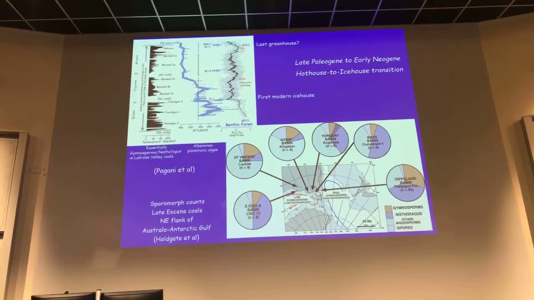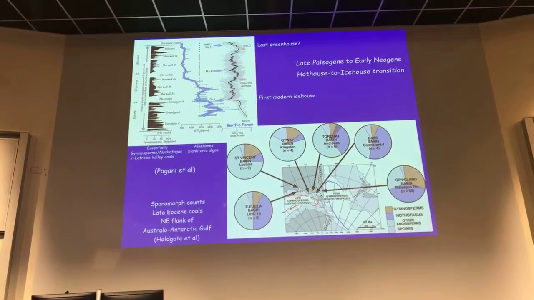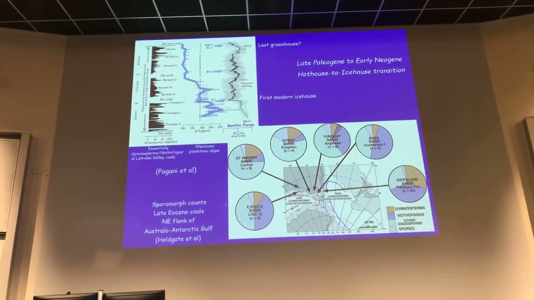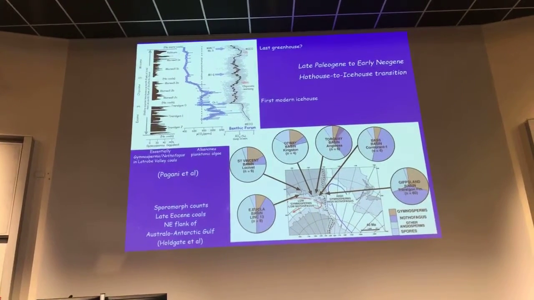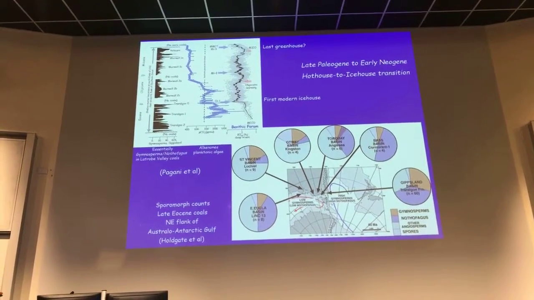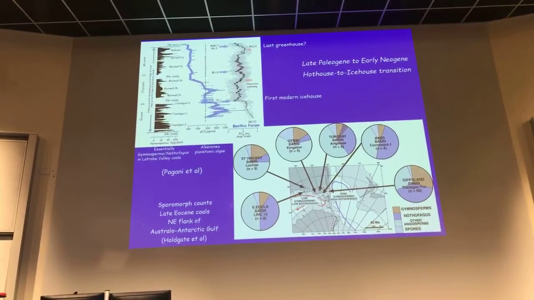He's showing a gross paleobotanical composition of them into gymnosperms, Nothofagus, other angiosperms, and spores.